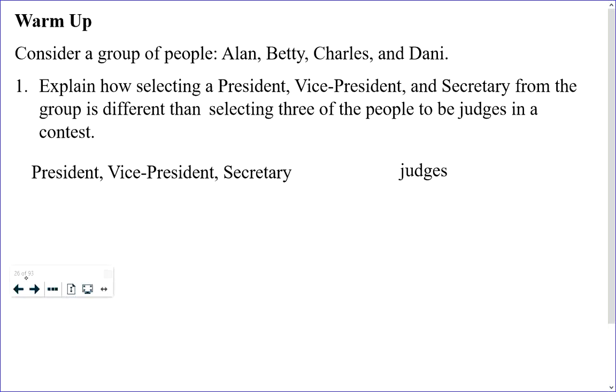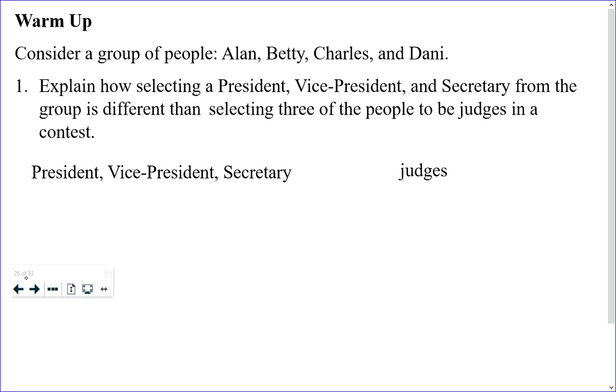And I'm glad you said what you said, and I'm crafty about choosing this as a warm-up. You said positions. And positions in English can mean a couple of things. It can mean your title, president, vice president, or secretary, or it can mean position, location in a list. So if I have 3 people that are judges, they're judges.